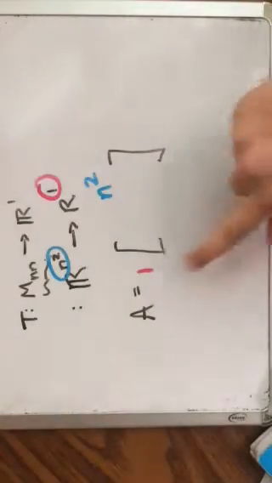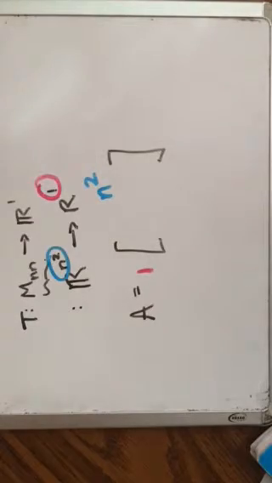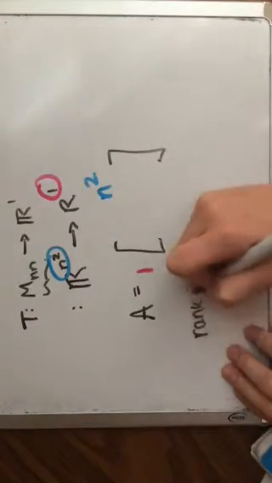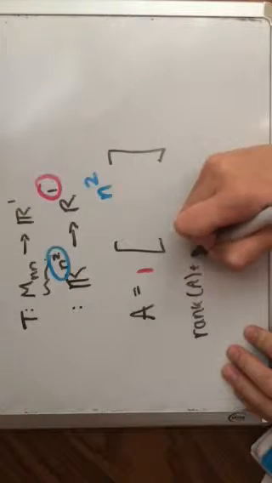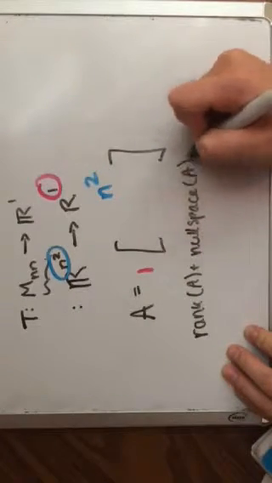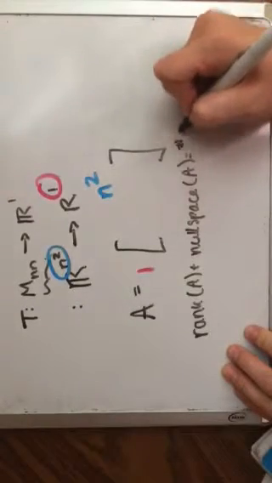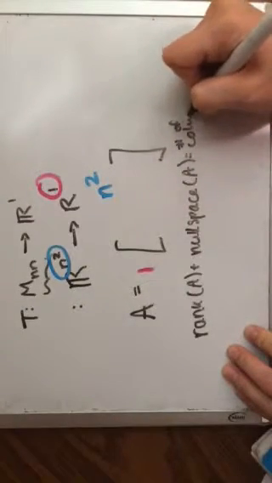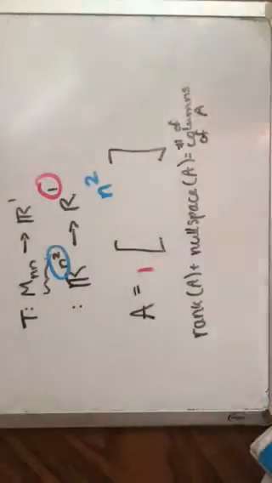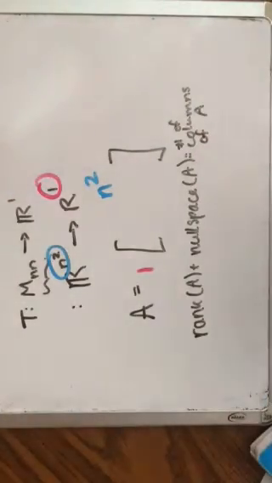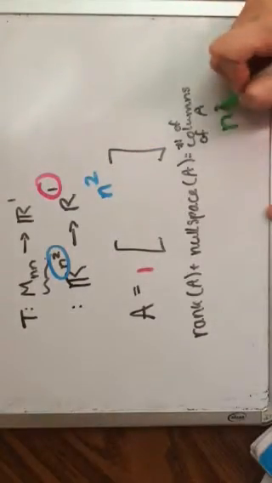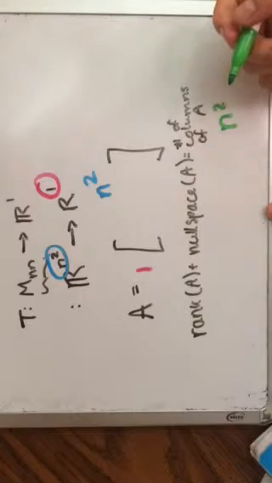Now we have the matrix and its dimensions. We also know that the rank of A plus the null space of A equals the number of columns of A. There are certain terms that we already know. We know that the number of columns of A is equal to n squared because we just stated that up there.